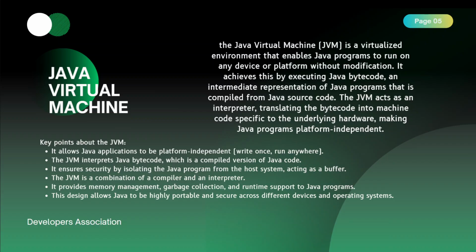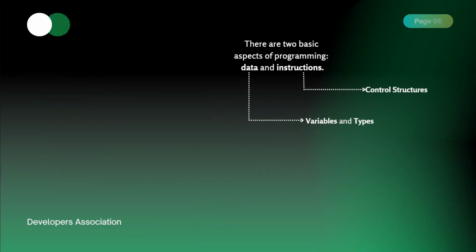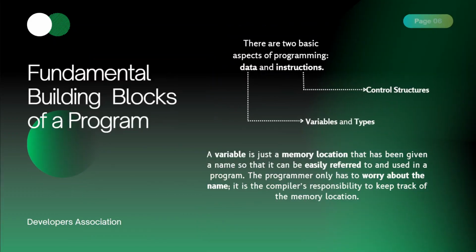Now, before we start with object-oriented programming, we should understand what the fundamental building blocks of a program are. In programming, there are two basic aspects, not only in Java but in other languages also. These are data and instructions.